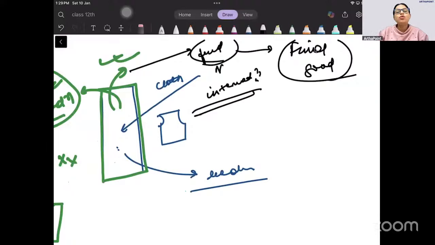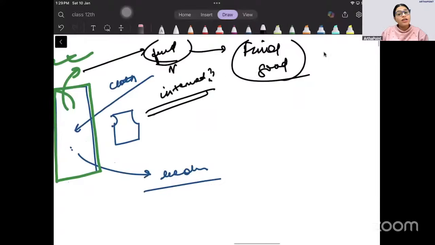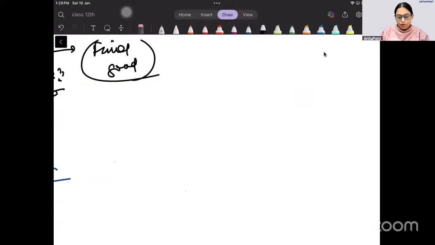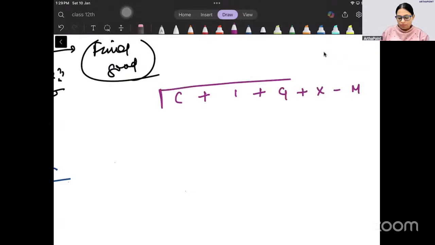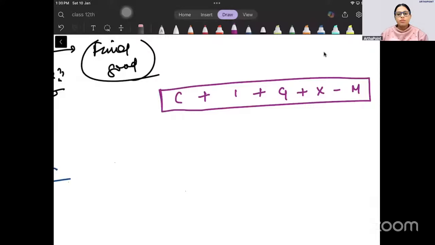The capital good is considered as a final good. So वहां जाओ, look at that formula expenditure method का C plus I plus G plus X minus M. यहाँ पे इस I की तरफ जाओ, investment. This is a final good. ठीक है, हाँ, तो these are considered as final good. Correct. ठीक है, is it clear?